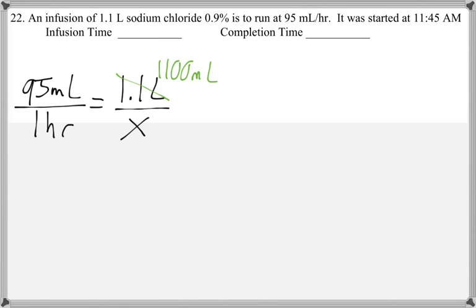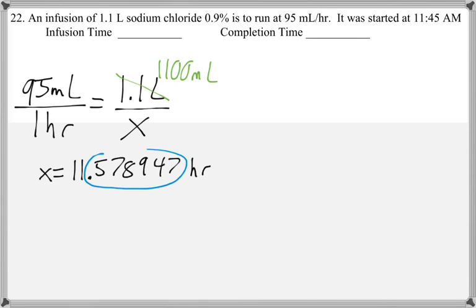And we find that the time is 11.578947 hours. But we do need to express this in hours and minutes. So I need to multiply the entire decimal by 60.